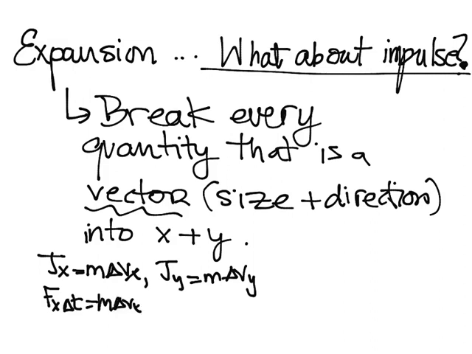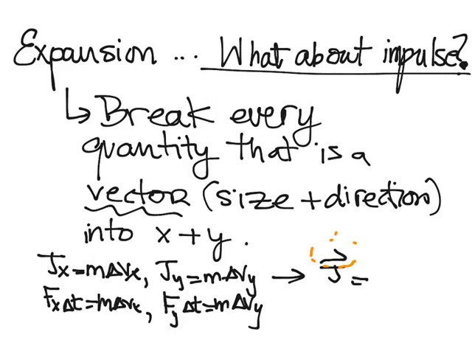You can write Fy delta t is equal to m delta Vy. Pretty much any equation you can write as both an x and a y, and the more formal way to do it, instead of writing out an x and a y every time, is to give your letter that is a vector this hat. This little arrow thing, in physics we call it a hat.